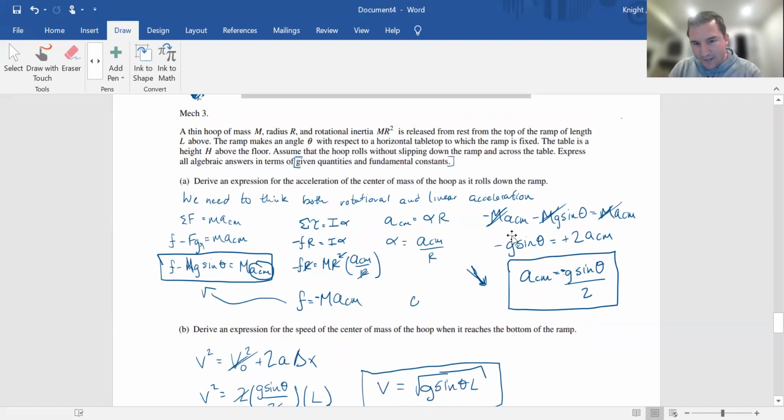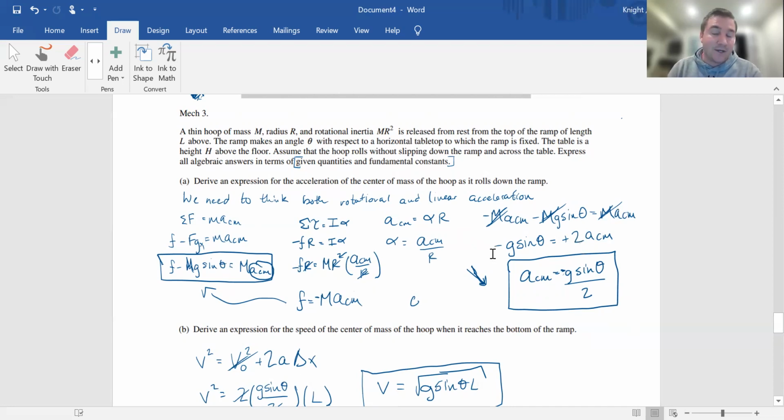When we plug it over here, there's a 1/2 instead of just an a_cm, which means when we add it to the other side, we're only adding a 1/2, because instead of adding 1 to the other side, we're adding a 1/2. So we get 1 plus a 1/2, which is 3/2. So this 2 becomes a 3/2.